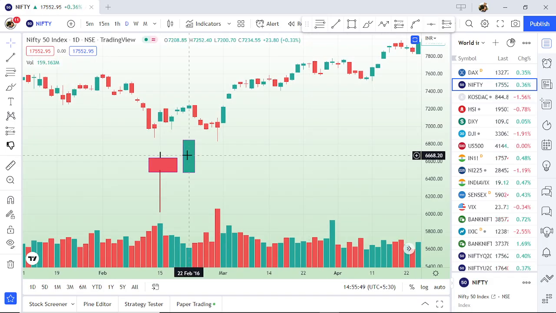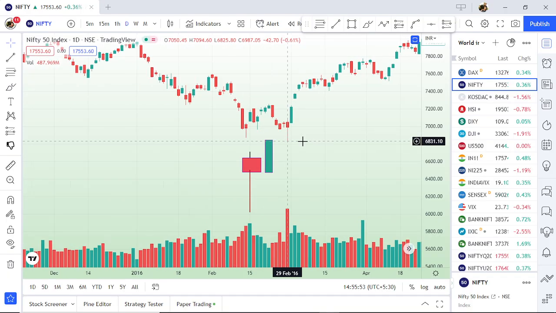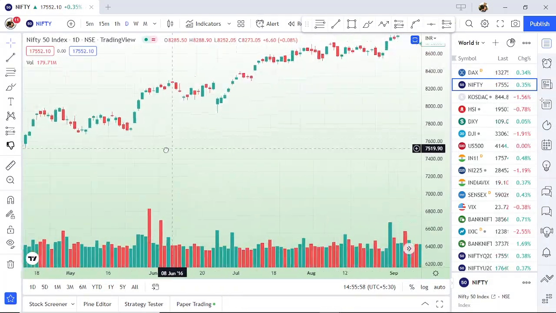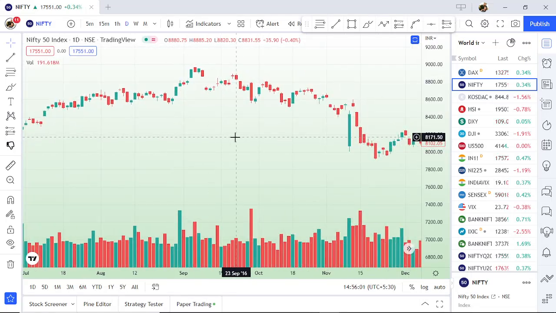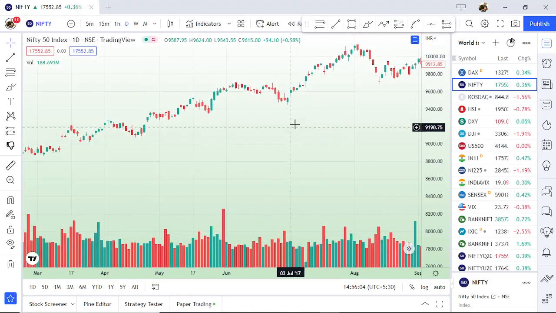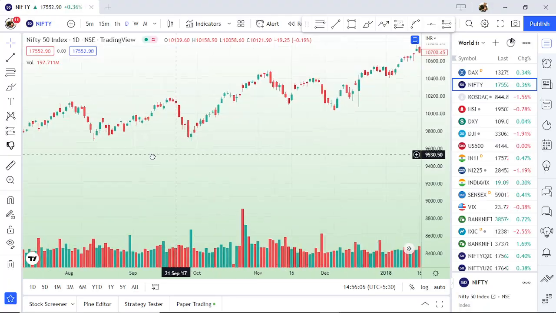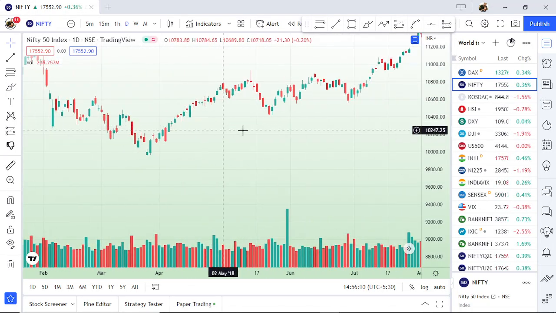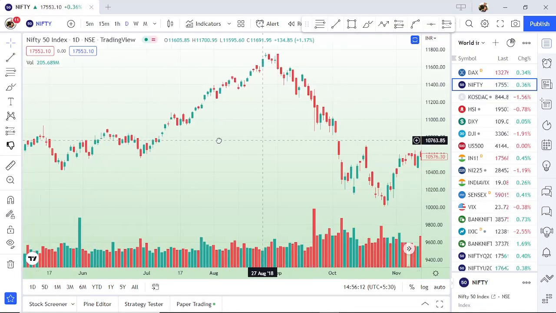So the color can be anything. It can be red or green in a downtrend, and likewise in an uptrend. You may even find a candle something like this. Usually it doesn't happen at a top, but sometimes it tends to happen.